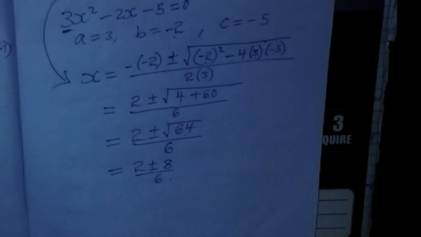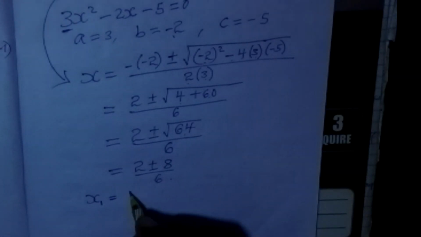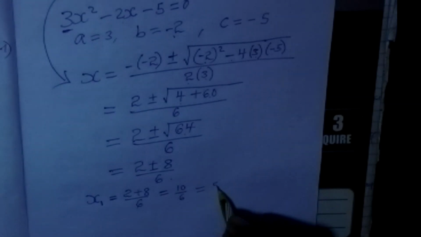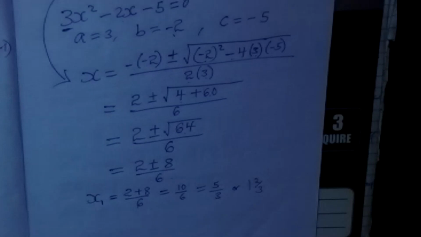In this case, since we need two solutions, the first solution of x will be 2 plus 8 over 6, which we get 10 over 6, which is the same as, divided by 2, 5 over 3, or 1 and 2/3.